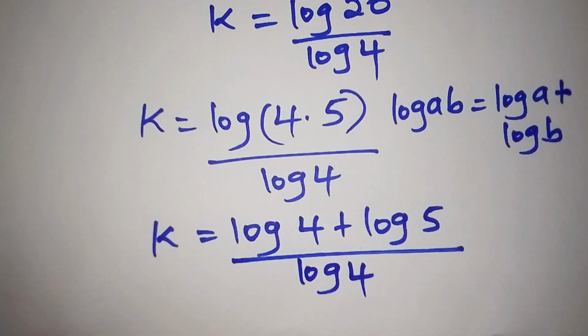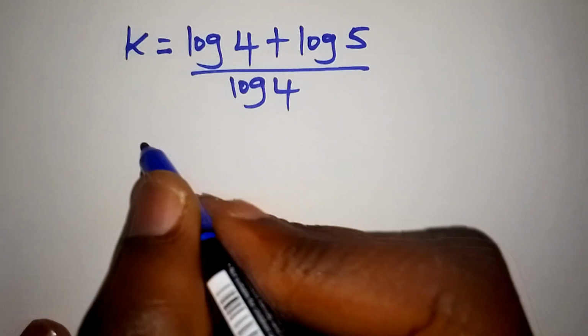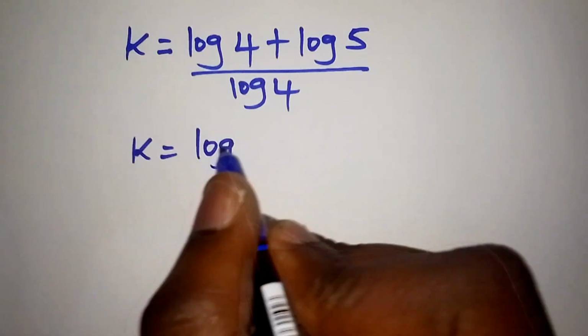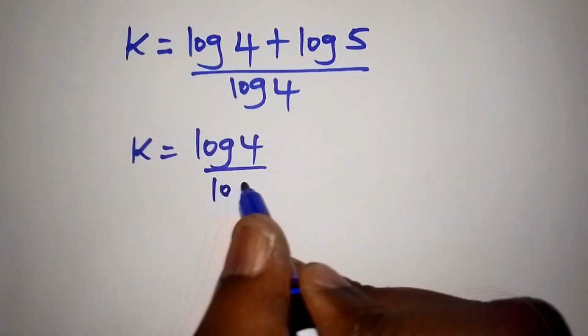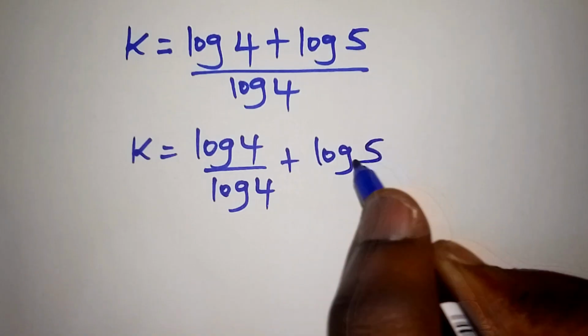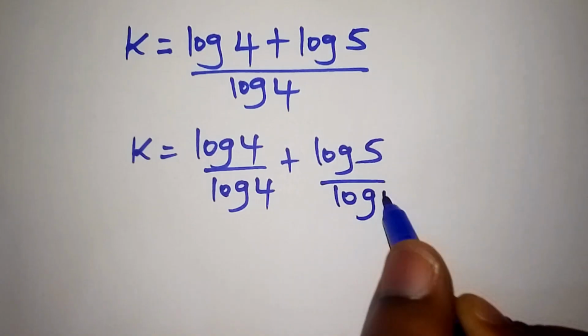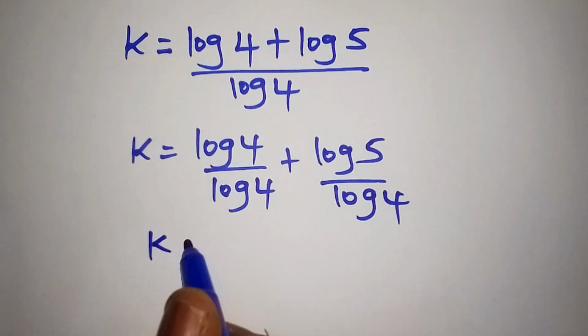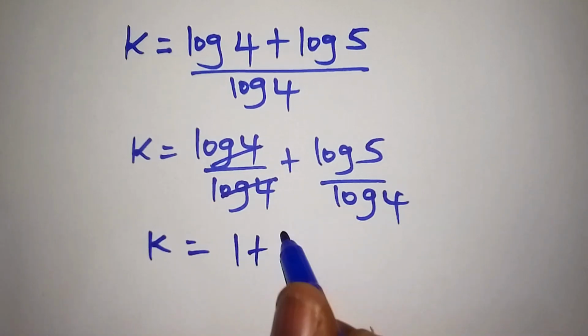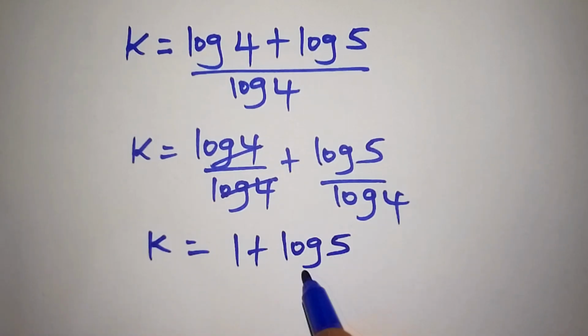Next, we shall divide everything by the log of 4. So k is equal to log 4 over log 4, plus the log of 5 over the log of 4. The log 4 cancels, so now we have 1 plus the log of 5 over the log of 4.